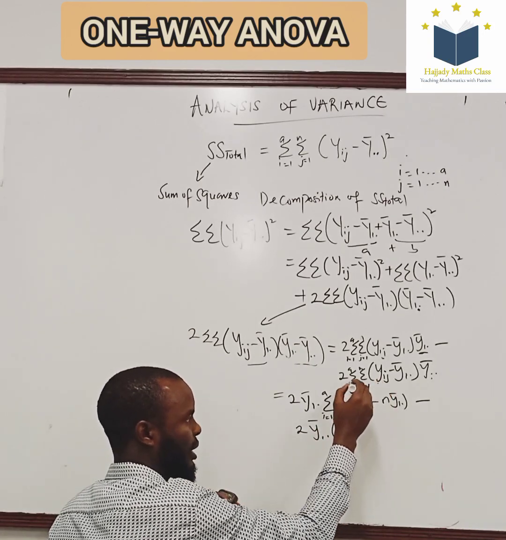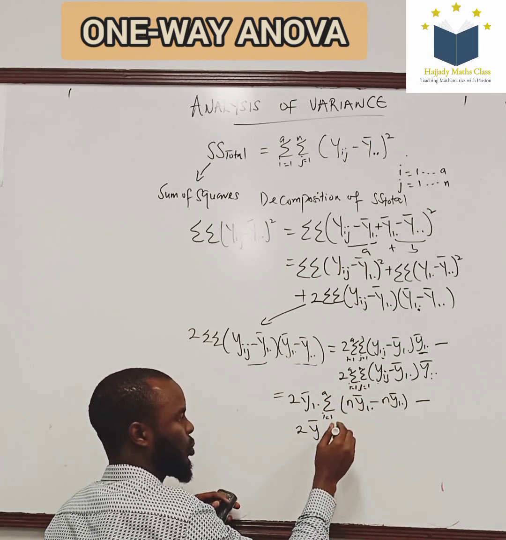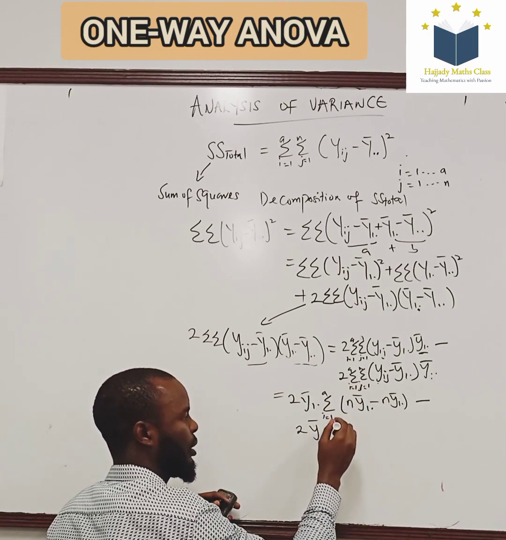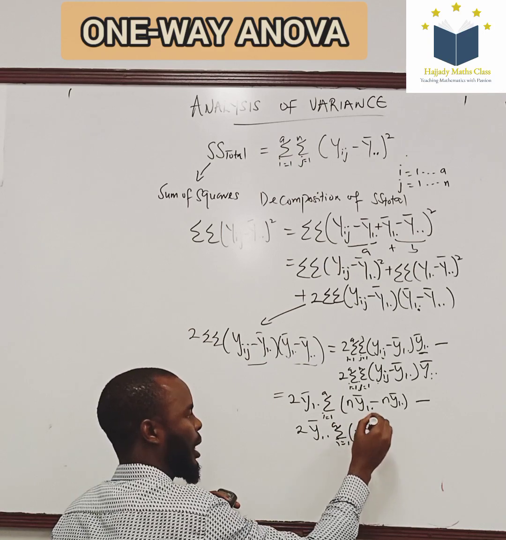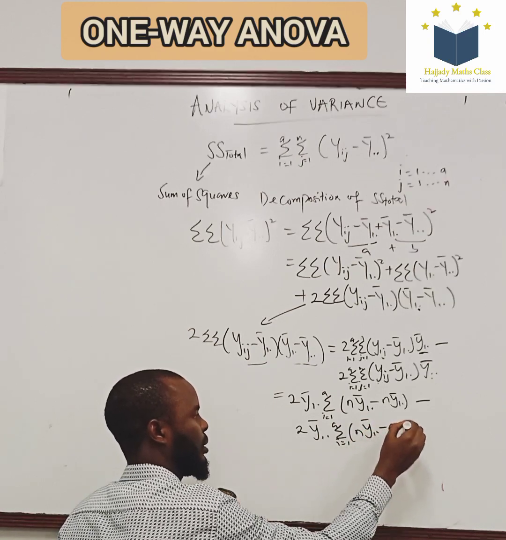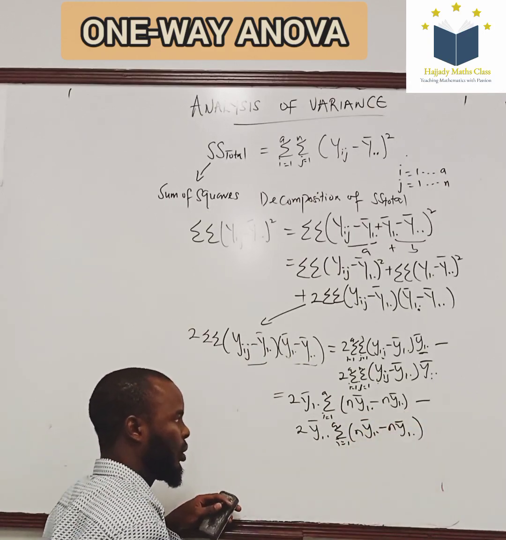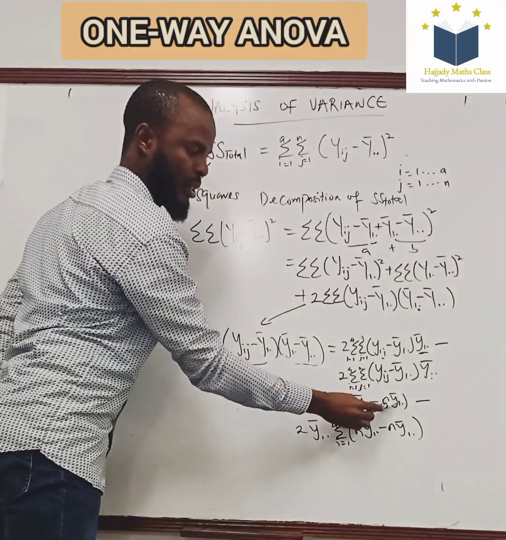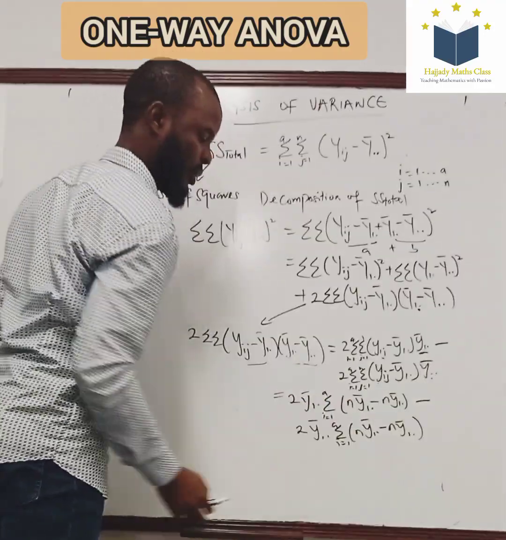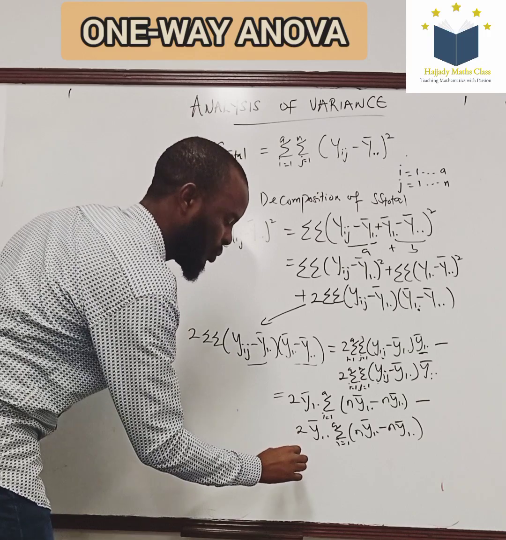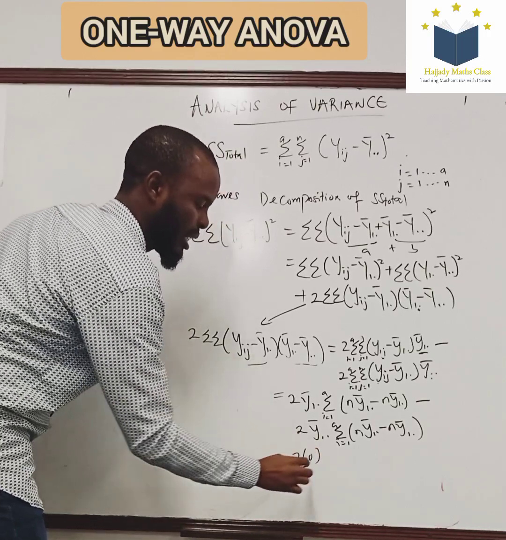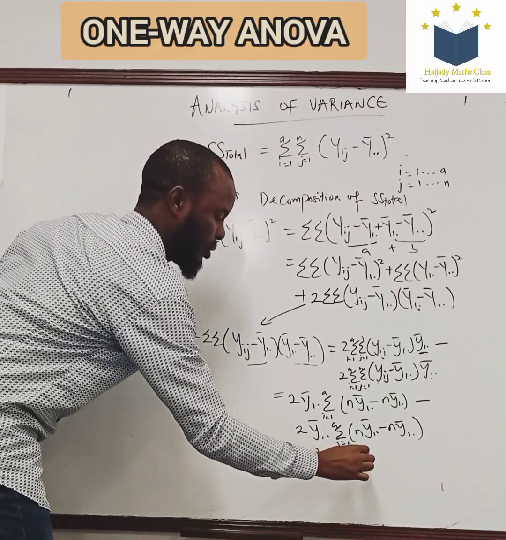So here the same thing will be used, sum from 1 to A, n yi dot bar minus n yi dot bar. So looking at this minus this gives 0, this minus this gives 0. So this shows that we have what? 2 into bracket 0 minus 2 into bracket 0 equals 0.